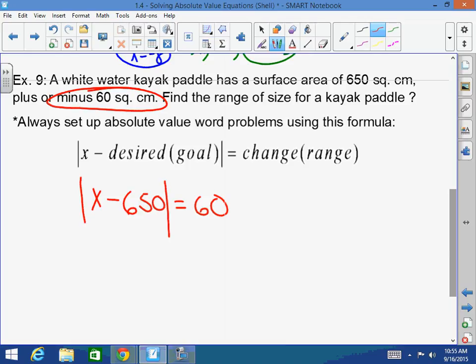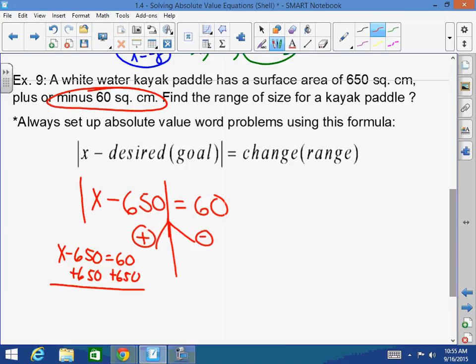And now it's Mickey Mouse Town. Plus side, positive side, negative side. So x minus 650 equals 60. Add 650 to both sides. X equals 710. The negative side: x minus 650 equals negative 60.